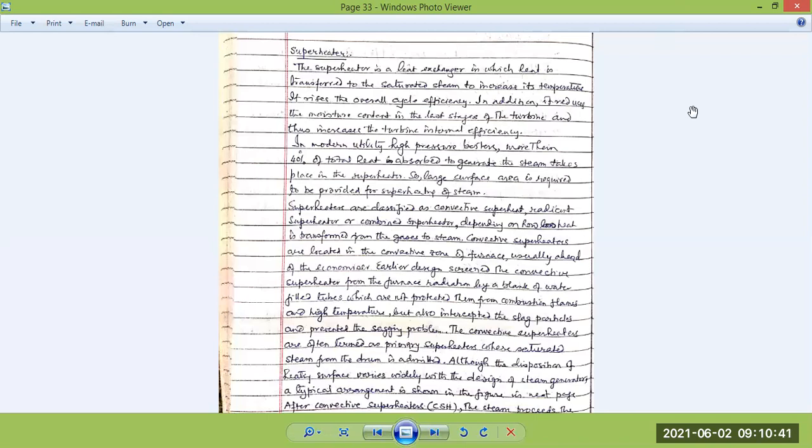So what happens? The superheater here. How are we heating from the furnace, which has all the riser tubes carrying the water content from the drum itself, being heated to convert to steam?